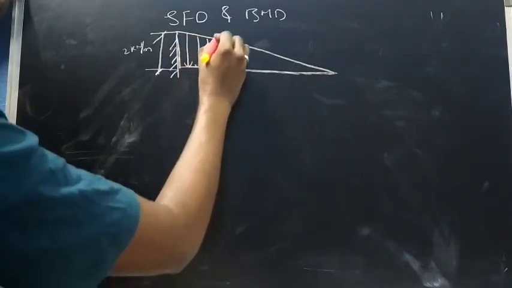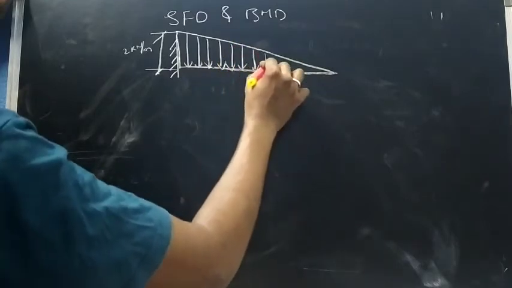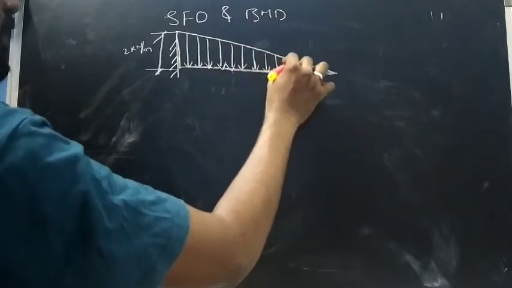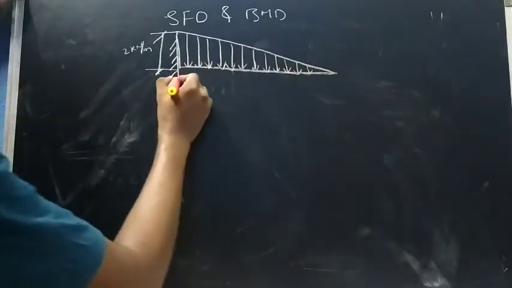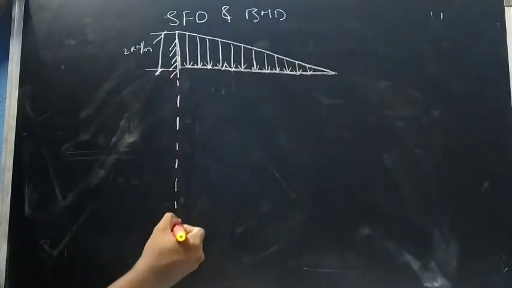So this is your given beam. For that we got shear force and bending moment values. So extend the reference line.